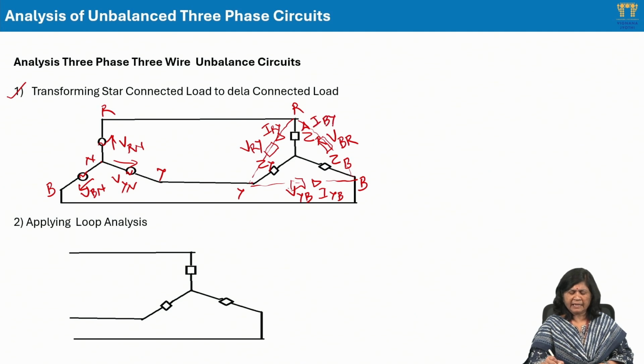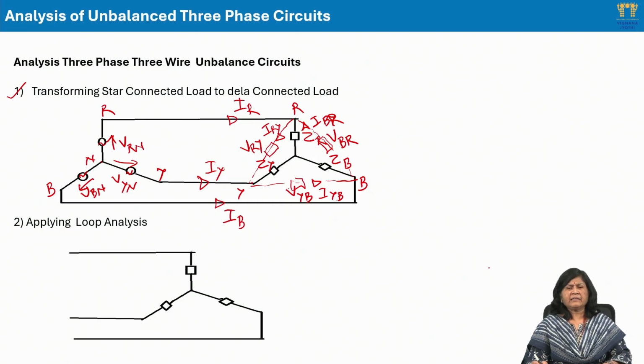The difference of the currents IRY and IBR will give me the line current IR. The difference of the currents IYB and IRY will give me current IY. Similarly, I can get the current IB.